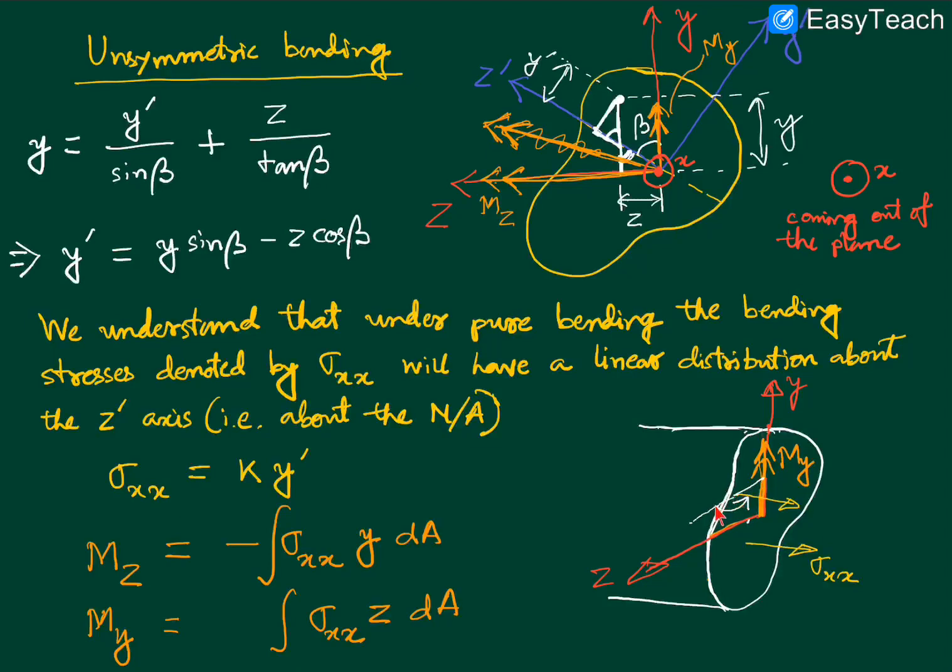I shift this z here, and then I curl my fingers from this moment arm into this sigma xx, such that the thumb of my right hand is pointing along the positive y-axis, which means that I do not need to put any minus sign in front of this. This is just correct with positive sign.